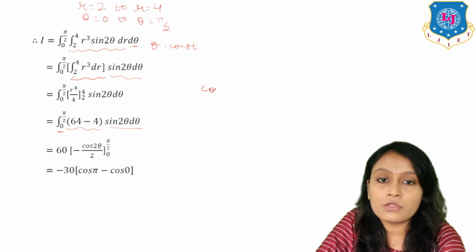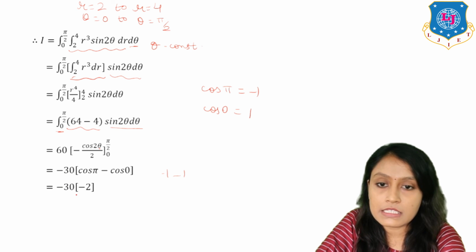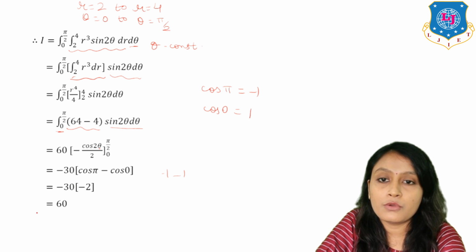Now we know cos pi is minus 1 and cos 0 is 1. So here we have minus 1 minus 1, that is minus 2, and minus 30 as it is. Multiplying these two terms, minus minus will become plus, and you have the answer of I as 60. So this is the answer of the integration in polar coordinates.